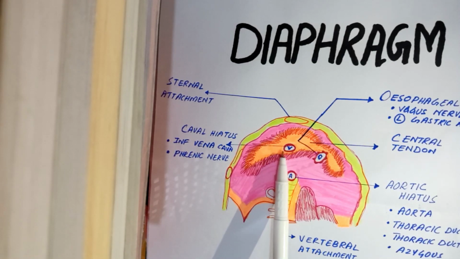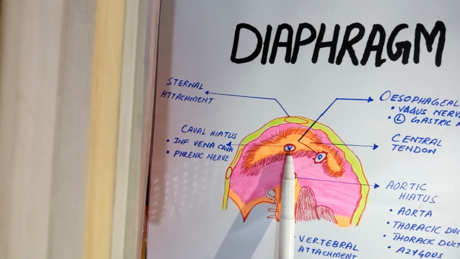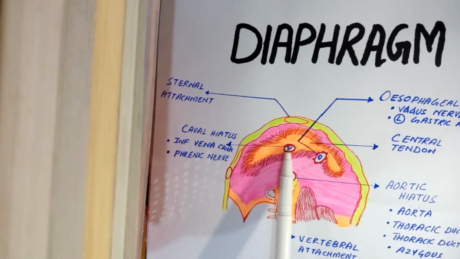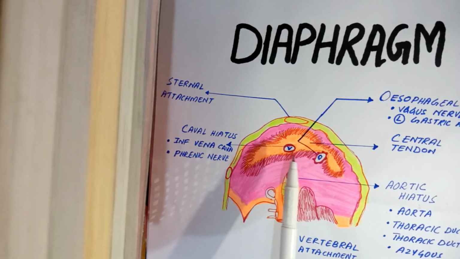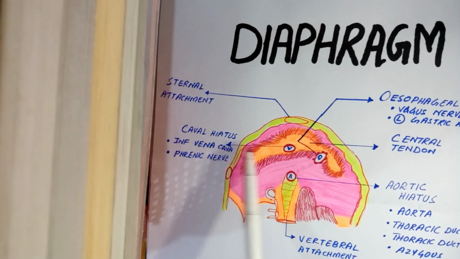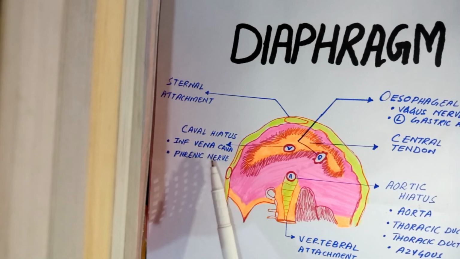First of all, the V, the voice, V for vena cava hiatus. It lies at the level of T8. Which structures pass through this hiatus? The inferior vena cava passes, and the phrenic nerve, that is C3, C4, C5, passes.